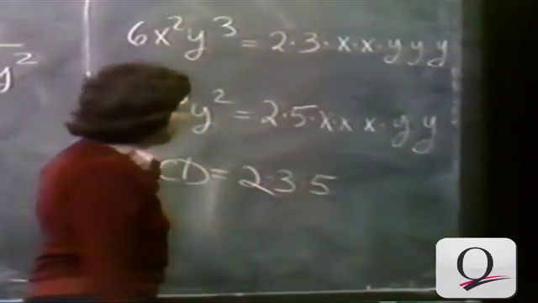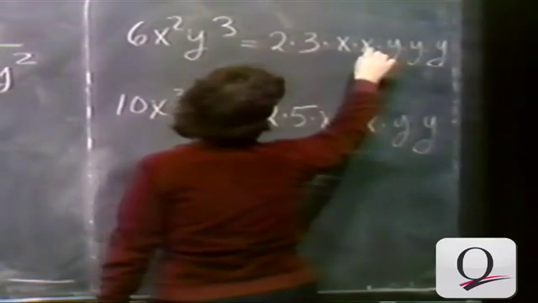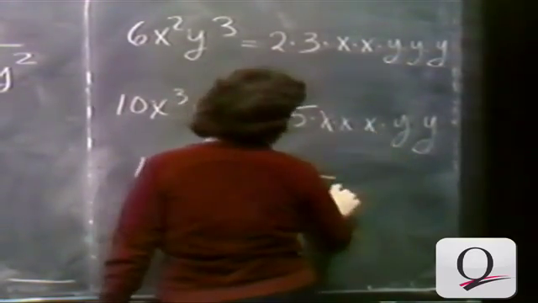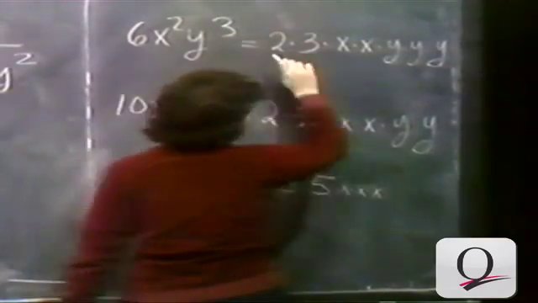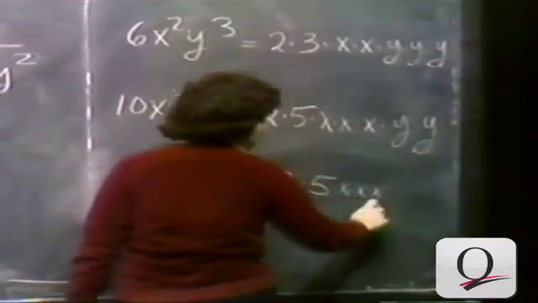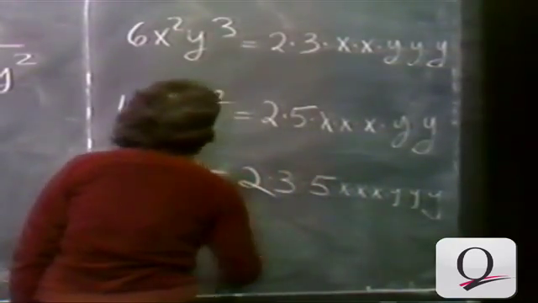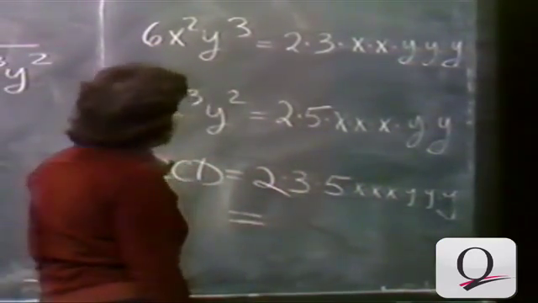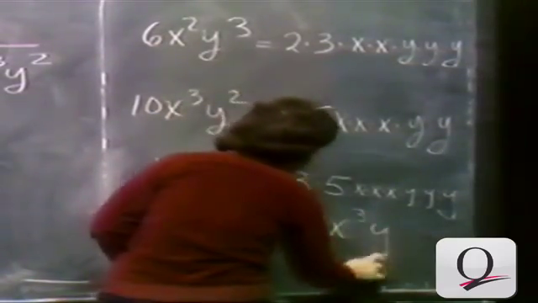It goes in the largest number of times it appears. x occurs twice here, 3 times here, so we'll need all 3 of them. y occurs 3 times here, twice here. We'll need all 3. Okay, so our LCD is 2 times 3, 6, times 5, 30, x cubed, y cubed.